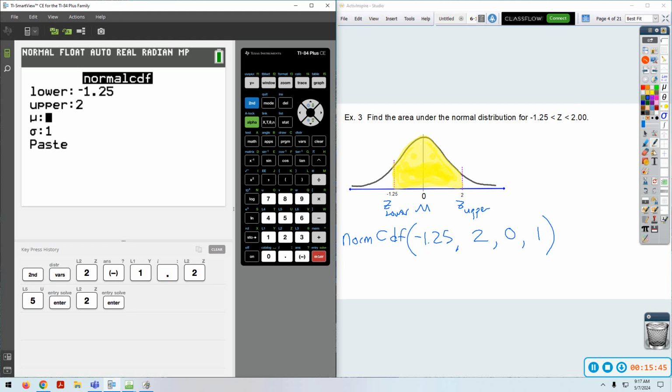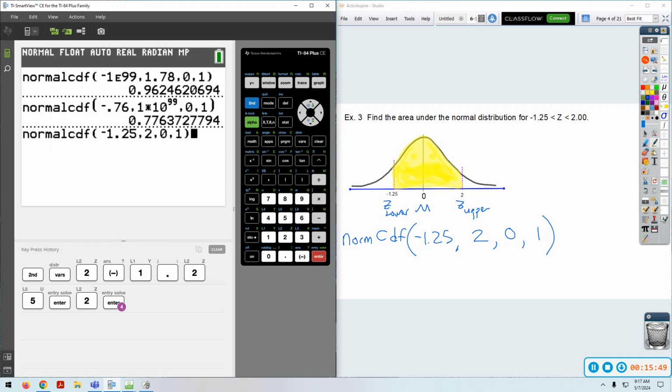You're not going to touch the 0 or the 1. You're going to hit paste, and that's going to be your command line that we're going to be looking for on test day eventually. And then hit the enter button, and there you have it. 0.8716 is the area under the curve.